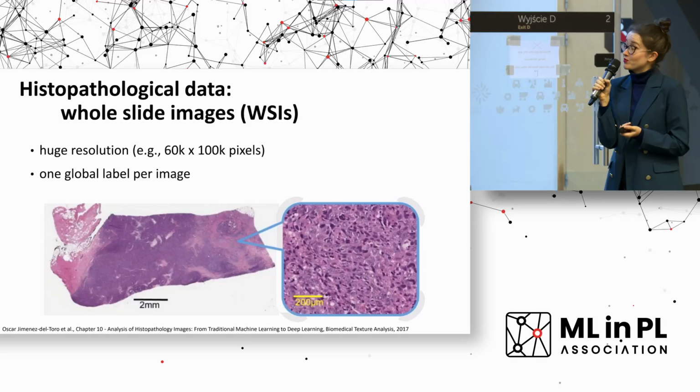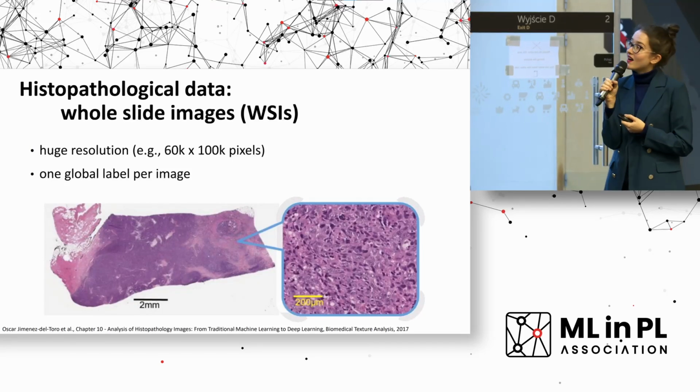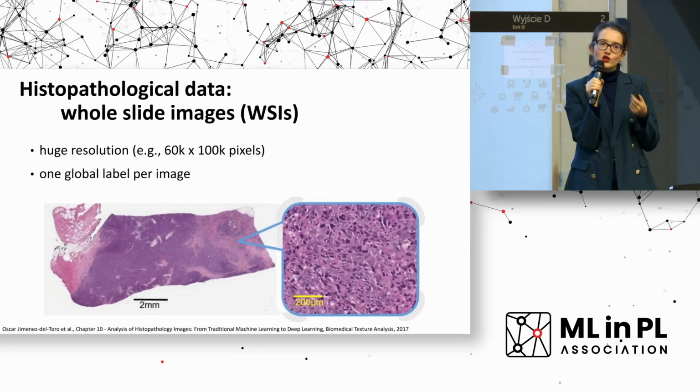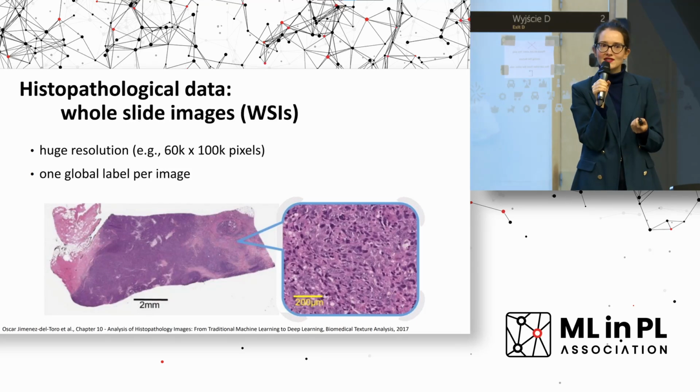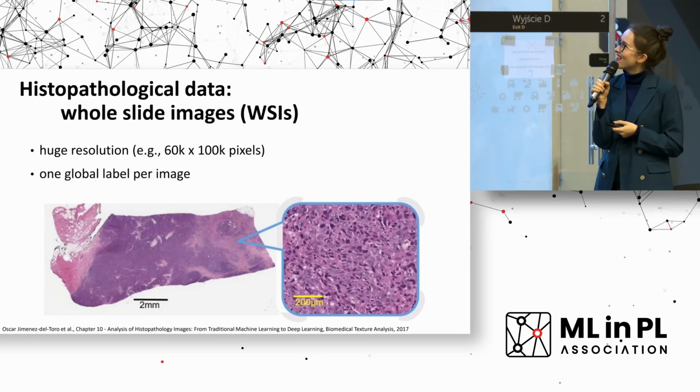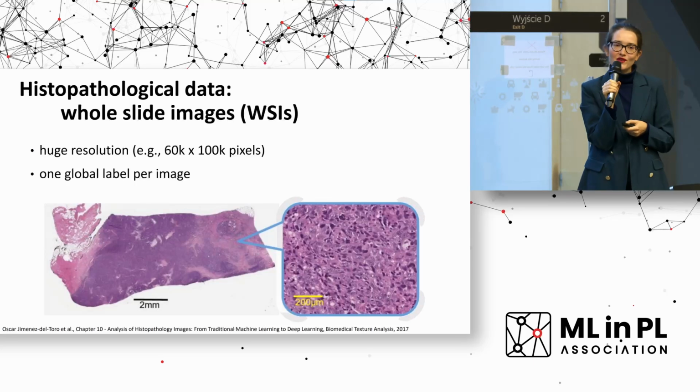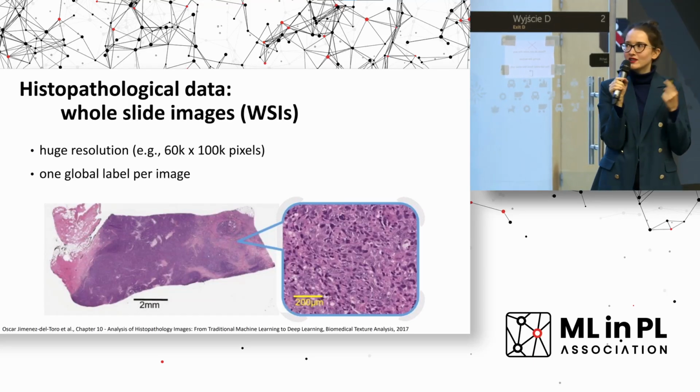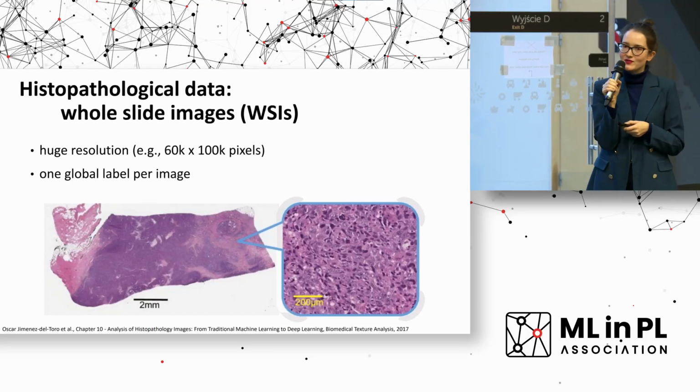We have several problems with this kind of data. First of all, data is huge. It's like tens of thousands of pixels over tens of thousands of pixels. And also, often we have only one global label per whole slide image.